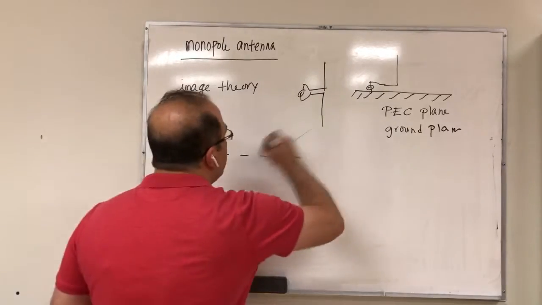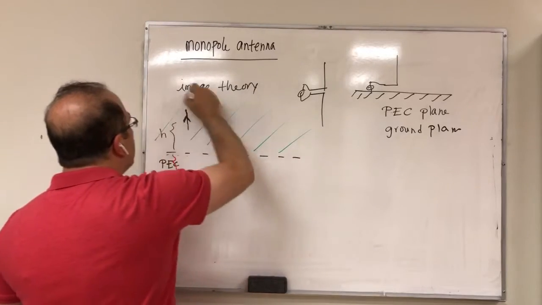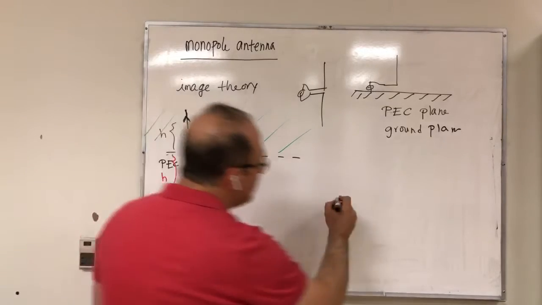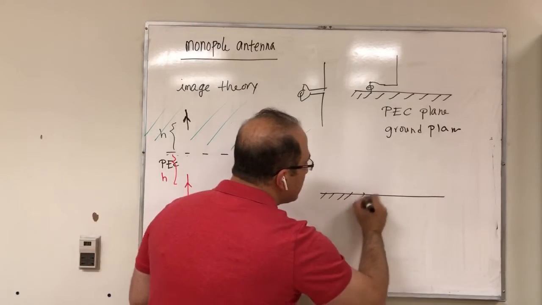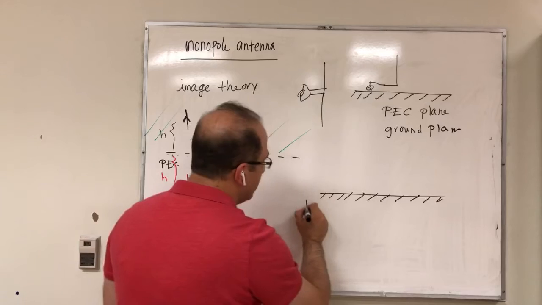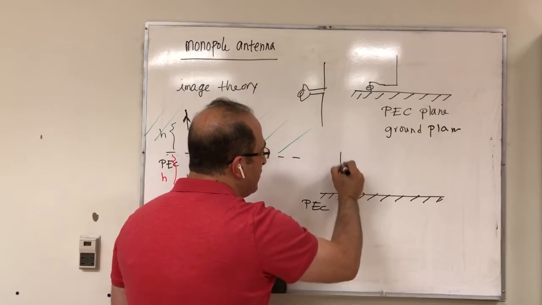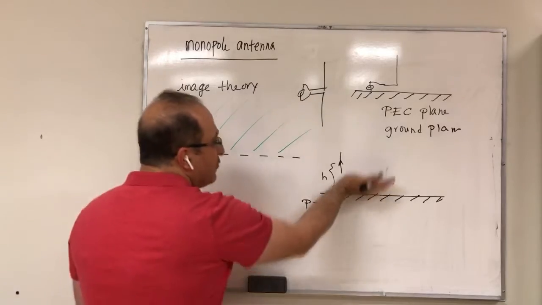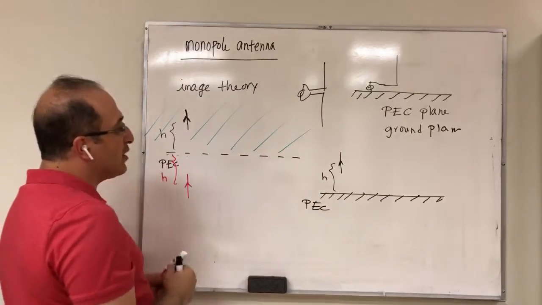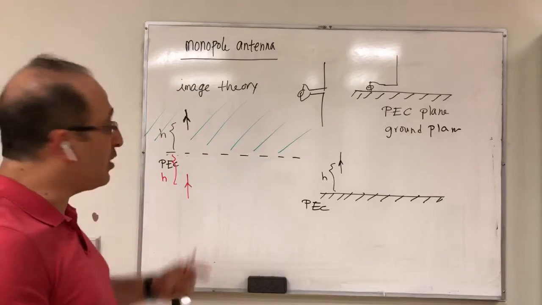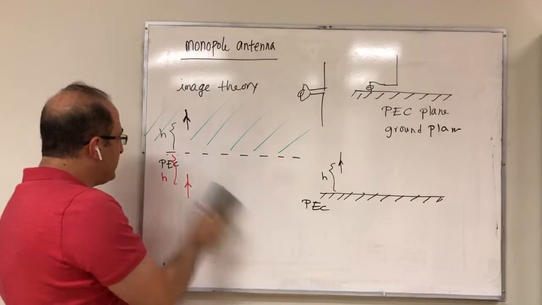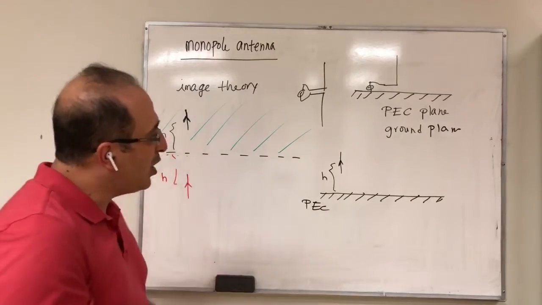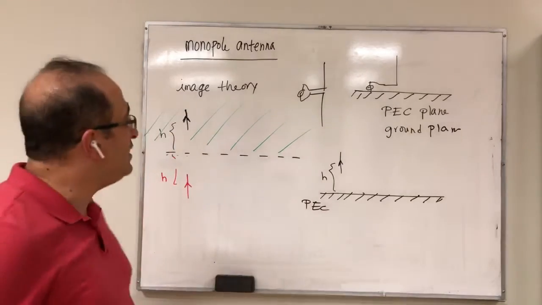So above here, on this plane, it would generate identical result to the case that you had a PEC and then you had just one current. So above here, these two systems are equivalent. This system is easier to analyze because there is no PEC. I removed the PEC. But this system is more complicated because you now have a PEC.